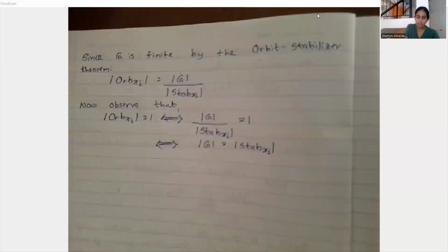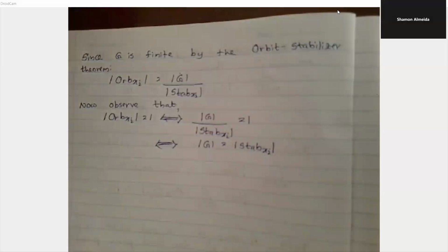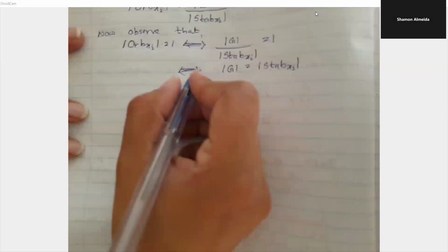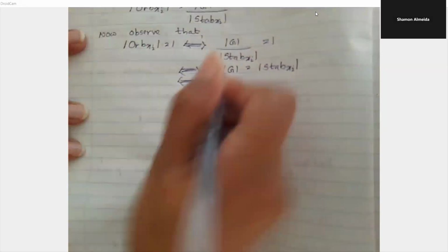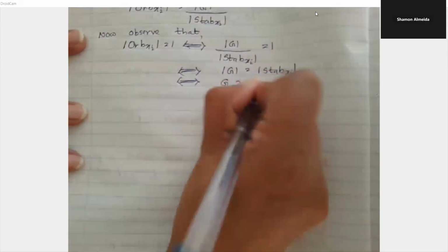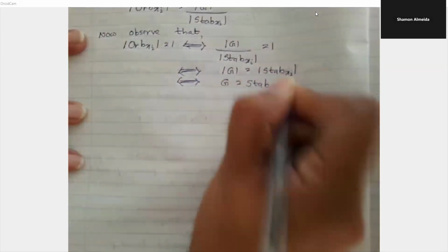This means G must equal the corresponding stabilizer.